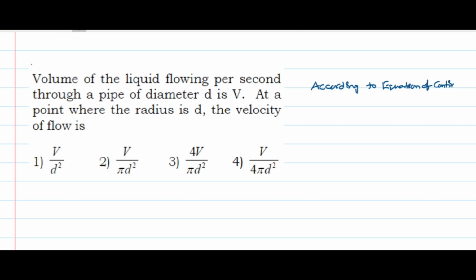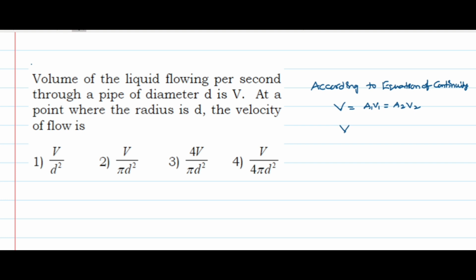According to the equation of continuity, the volume of the fluid flowing per second through a pipe is given by V equal to A1 V1, which will be equal to A2 V2.